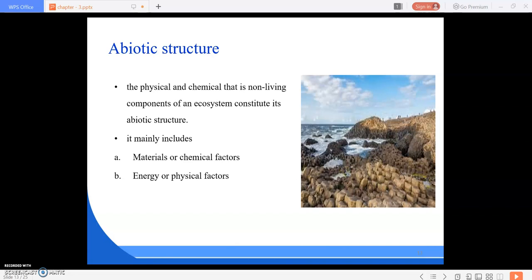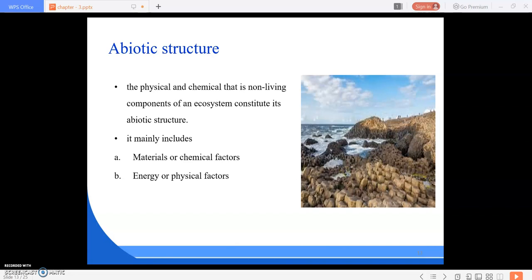Now I am going to teach you about the abiotic structure. We have an idea that abiotic means the non-living things, the non-living components present in our environment or in our ecosystem. That's called our abiotic components or structure. So the physical and chemical, that is, non-living components of an ecosystem constitute its abiotic structure.